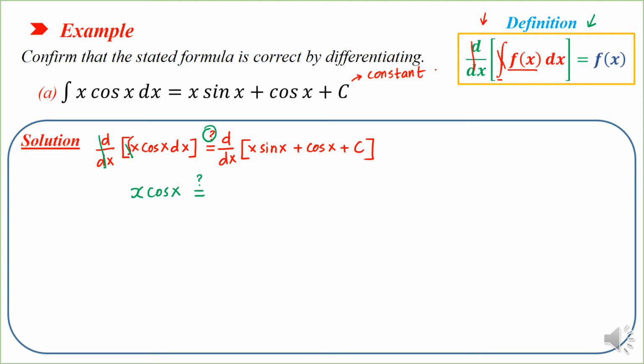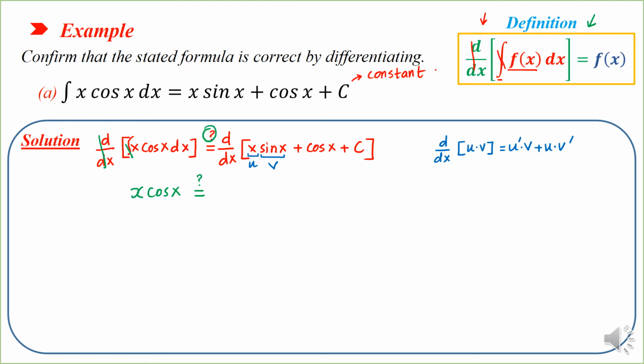On the right hand side, the first term is x sine x, which is a product of two functions, so you can put x as u and sine x as v. Then you have to use the product rule for derivative, which is d by dx of u times v equals u prime v plus u v prime.